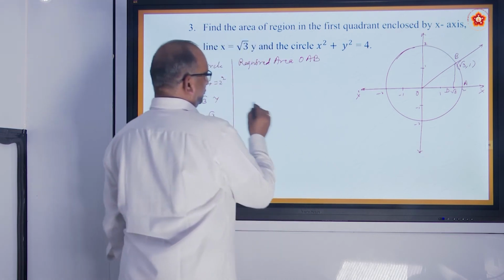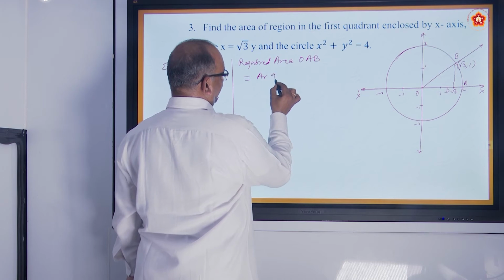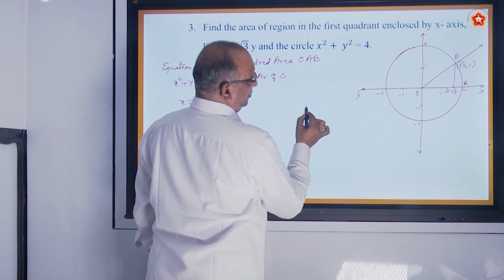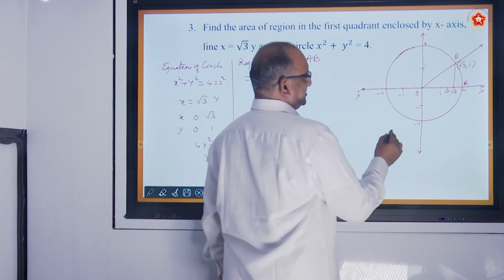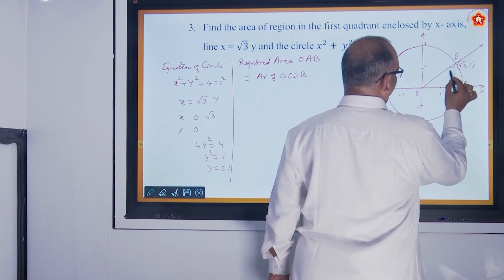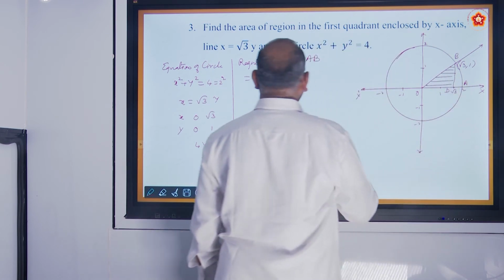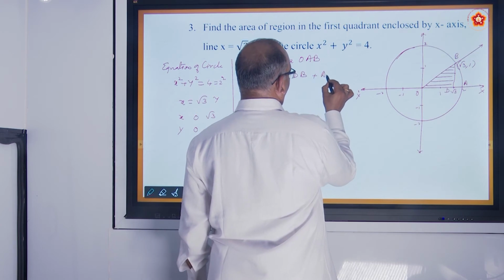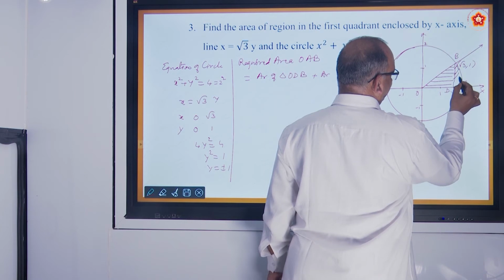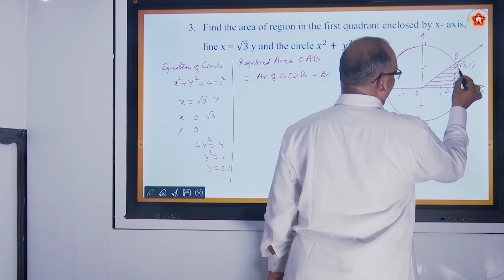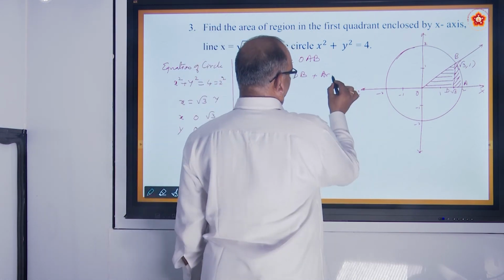We are dividing it into two parts, that is the area of triangle ODB, let us say we are shading it this way, plus the area DAB, let us say we are giving this kind of shading to this. If you add both, you get the total area. Area DAB.